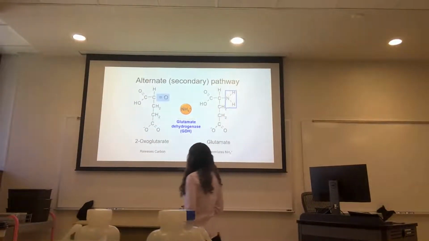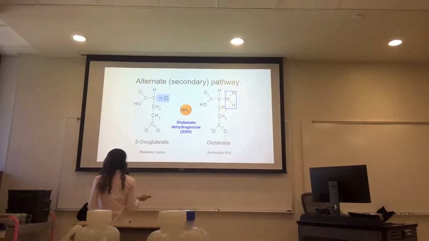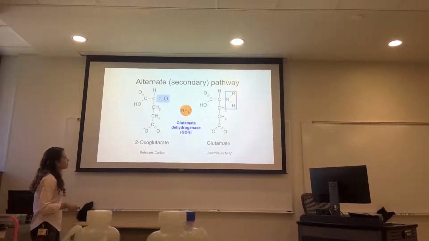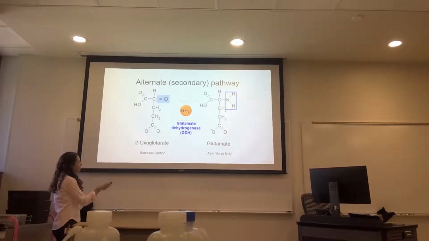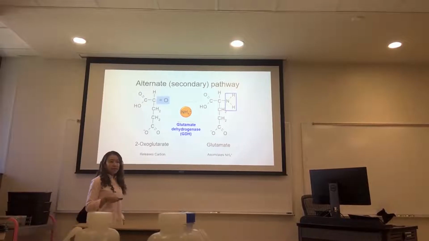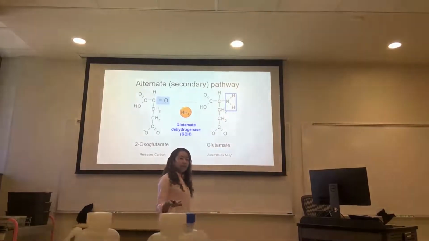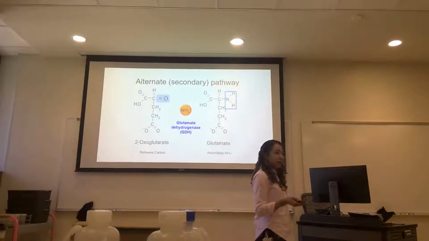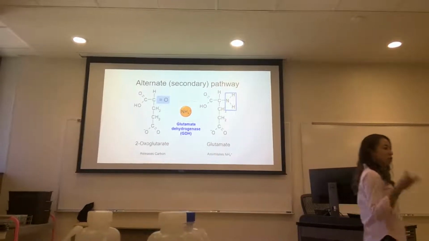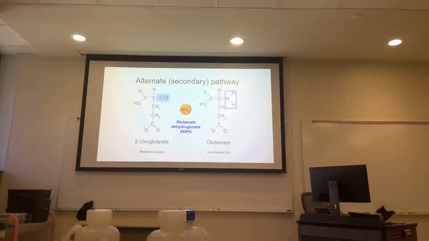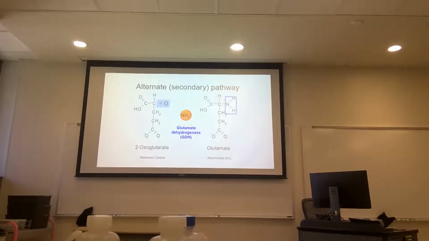And what scientists have found, and I'm going to show you a study in a minute, is that this is actually a secondary, a backup way that is only utilized under certain circumstances when the plant really is short on carbon. The main goal of this is nitrogen assimilation.